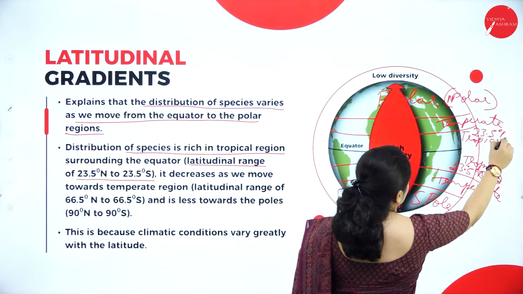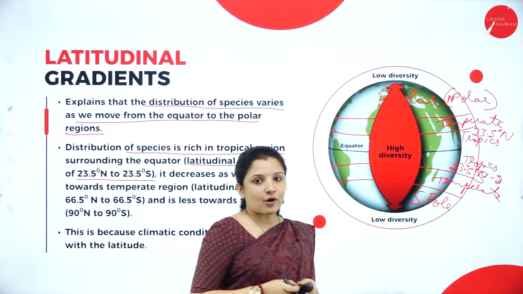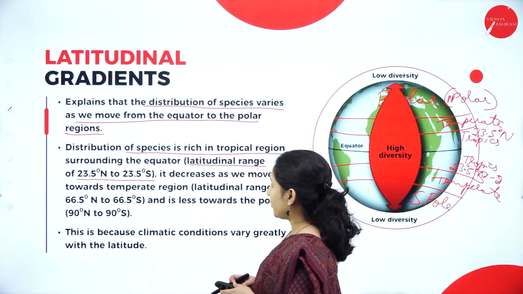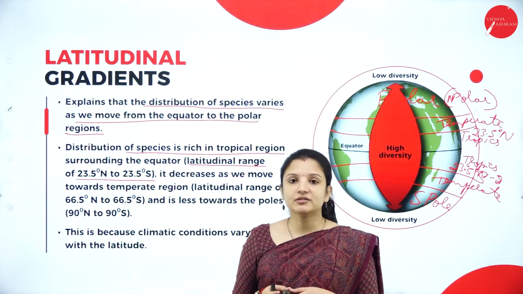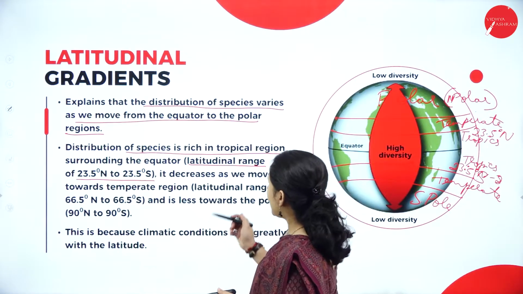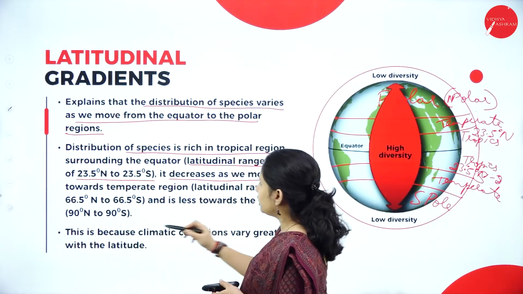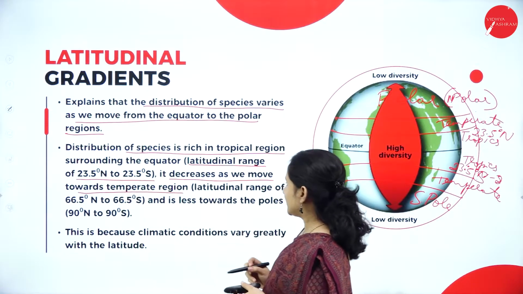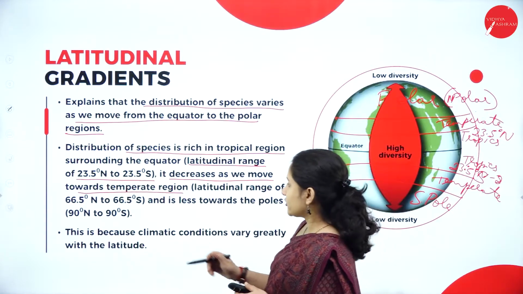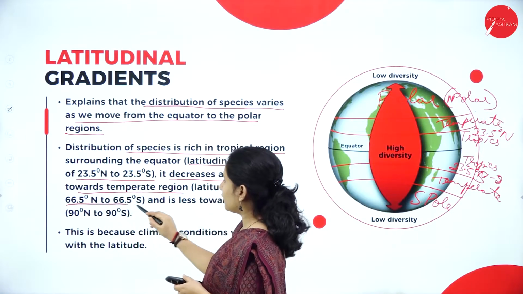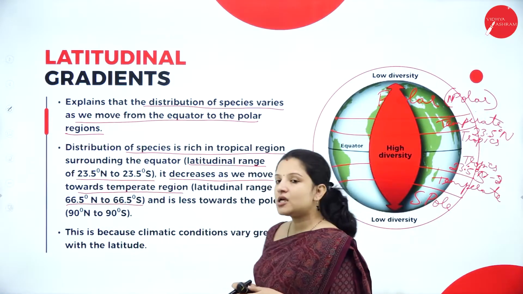So that is the tropics lying on either side of the equator, where the species diversity or distribution is quite rich, and it decreases as we move towards the temperate region, that is the latitudinal range of 66.5 degree north to 66.5 degree south.